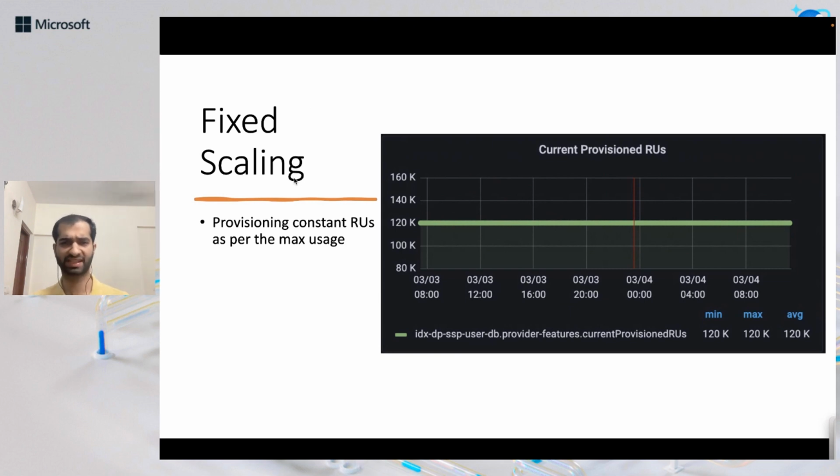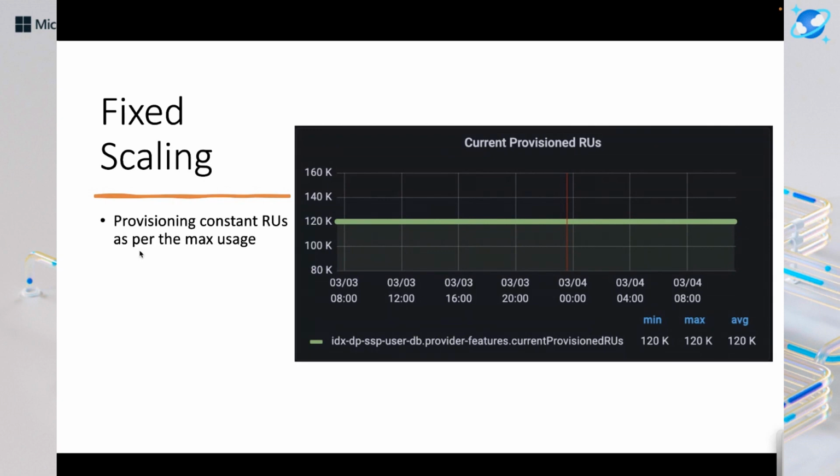So let's talk about fixed scaling first. Fixed scaling is very simple. Just provision a constant amount of RUs based on the usage that you have and forget about it. The good thing is that there's no maintenance required. One time you have to think about how many RUs you want, and then you can just move ahead with it.